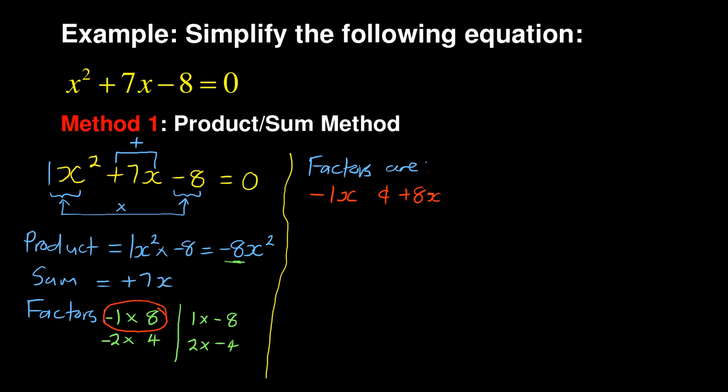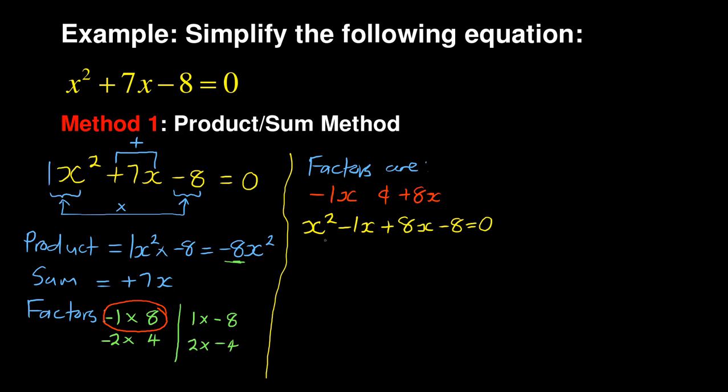So these are my two factors. Now if I rewrite my problem where there is 7x, I must use these two factors. It will be x squared minus 1x plus 8x minus 8. It must give me a 0.